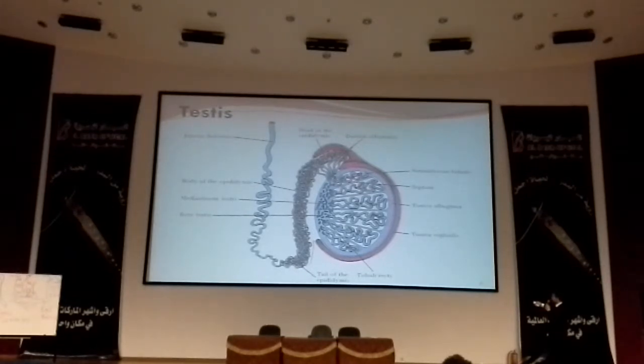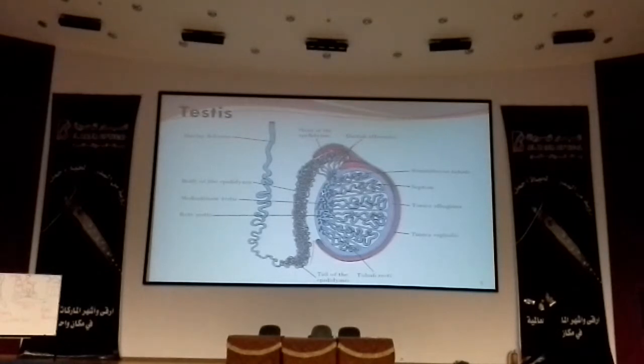These seminiferous tubules deliver their sperm to an extended area that we call the mediastinum testis. This is a thickened area directed posteriorly, called the mediastinum testis, and it is a posterior thickening of the tunica albuginea. The red color is the tunica vaginalis, sorry; the blue color is the tunica albuginea.